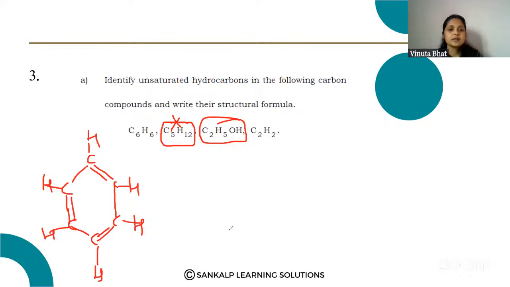So this is benzene. And C2H2 has 2 carbons, each with 1 hydrogen, joined by a triple bond. So this is the structural formula of C2H2.